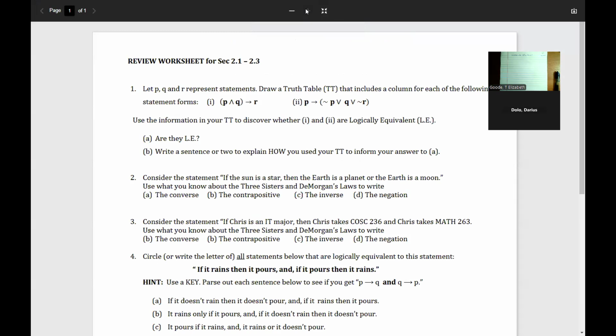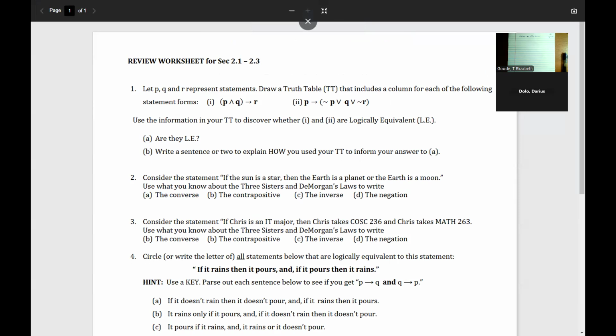Yes. Great. So have you looked at the first question yet? Yes, I did. Do you know how to make a truth table to figure out if two statement forms are logically equivalent? Yes, exactly. That's what I was thinking about.